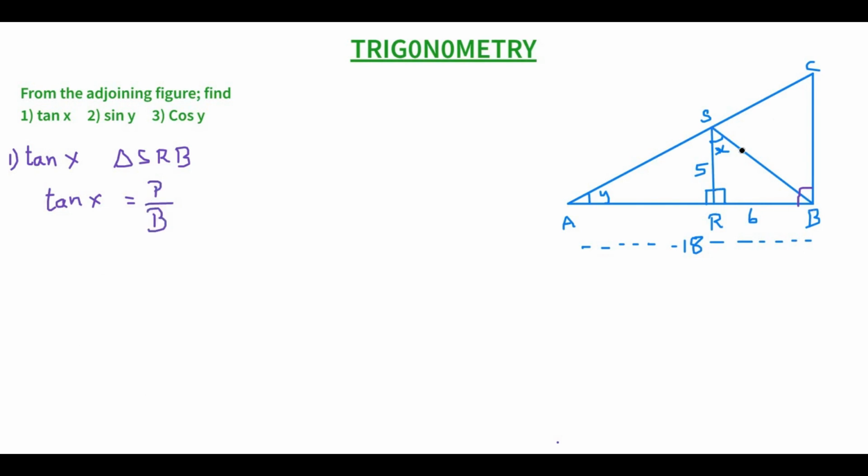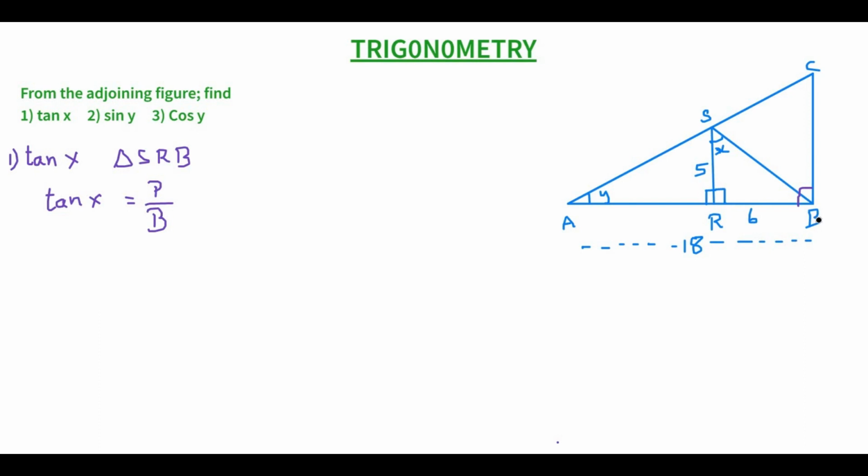When we take the perpendicular for this triangle with respect to x, the perpendicular here is the opposite side. Always the side opposite to the angle is the perpendicular. I've explained this part in detail in my previous video. Refer to that so that you will have a detailed explanation about this.